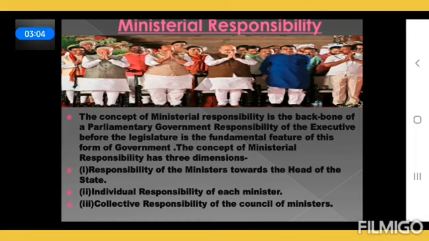If anything goes wrong in the working of the department, he has to explain the same to the legislature as well. So in case the legislature feels dissatisfied and passes a censure motion against him, then the minister has to resign. If a censure motion is passed in the parliament, a minister has to resign.